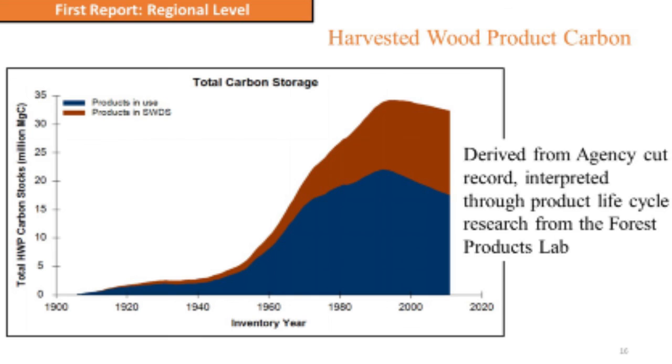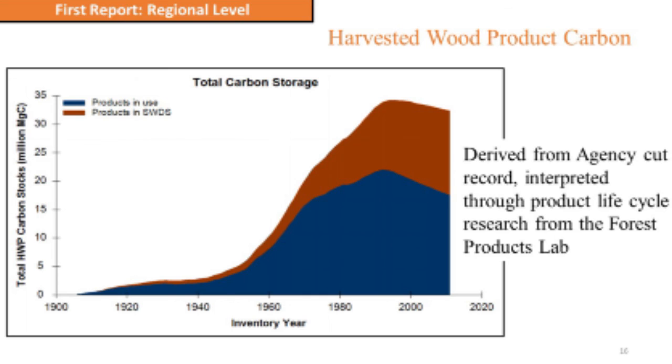And what we see here, I think this is for region 1, but it's also pretty typical of all the regions, is that storage in this pool peaked around 2000. You might remember that I showed you that in the 90s there was a slowdown in carbon.